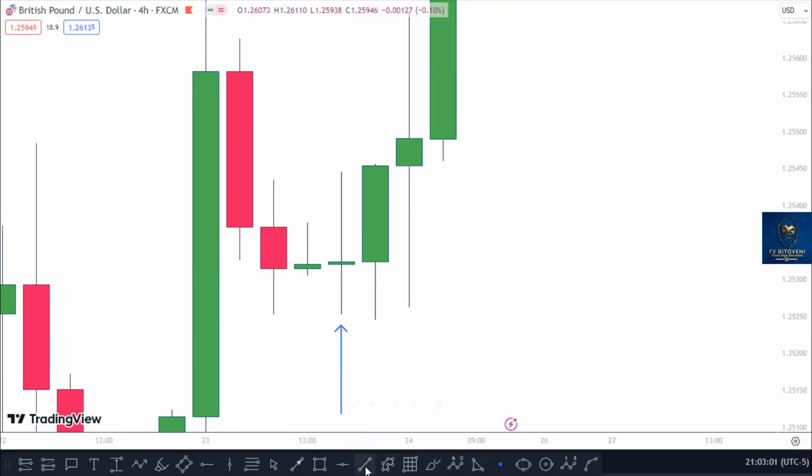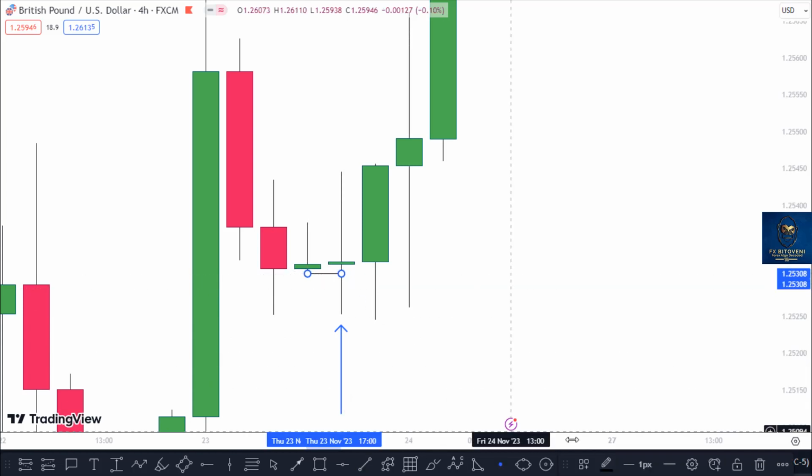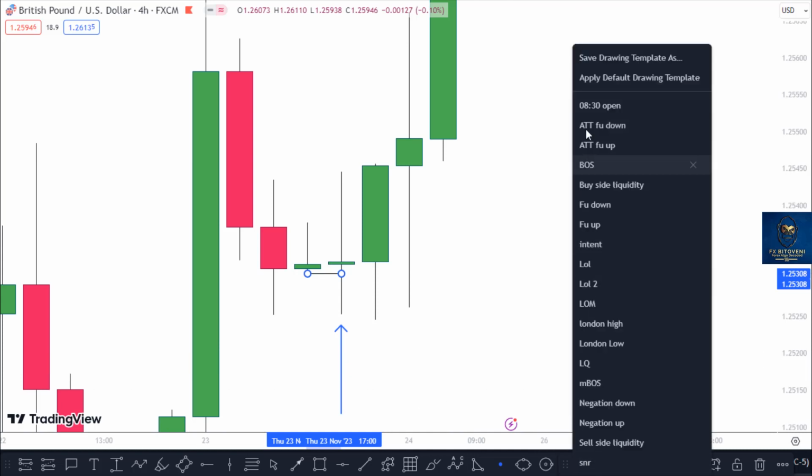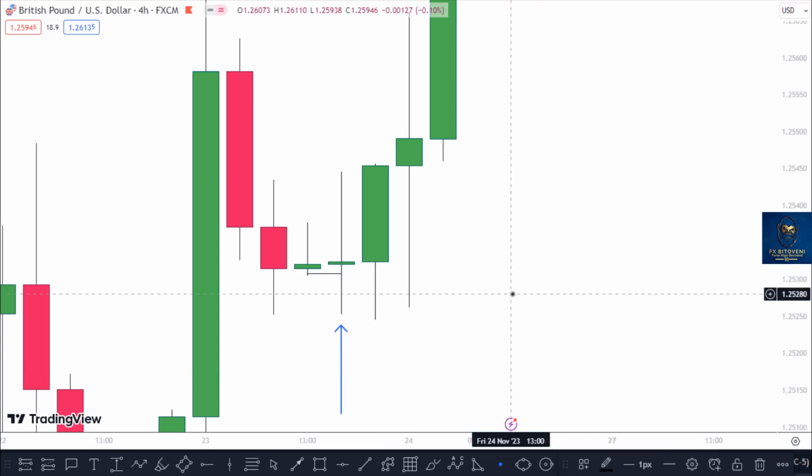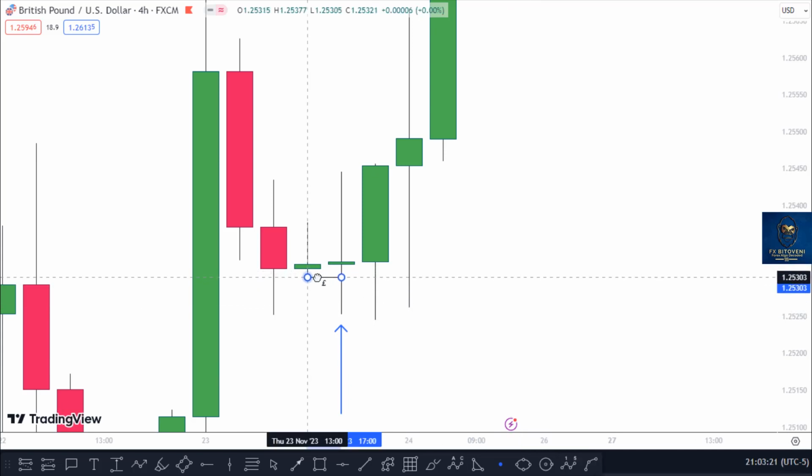This candle is manipulating, first of all, this major liquidity. This major liquidity doji, a strong liquidity to target. So here, this is the liquidity to target. It's manipulated.